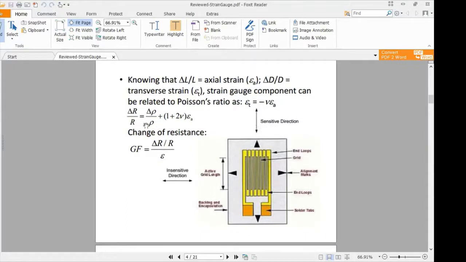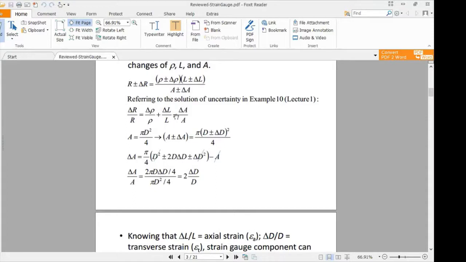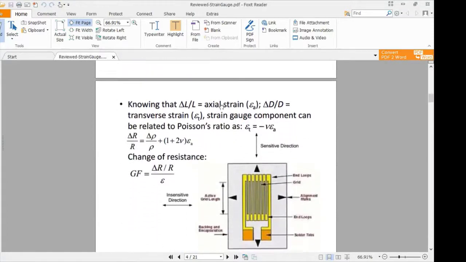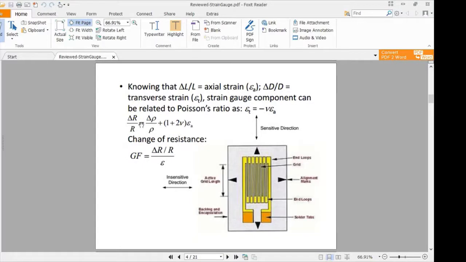Eventually, the total change delta R divided by R can be further simplified into this form, which depends on the material and also the strain. Assuming that the resistivity of the material at the same temperature remains constant, the change in resistance of the strain gauge will be linearly dependent on epsilon A, the strain.